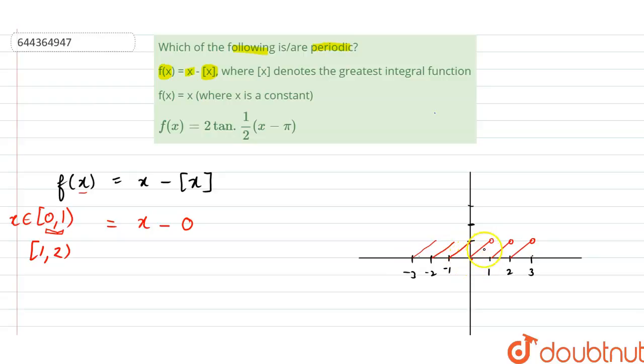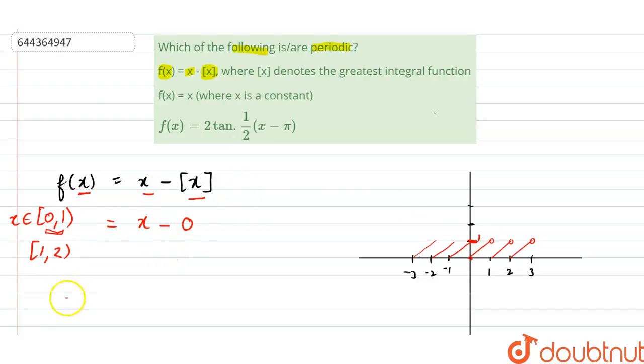So this graph is attaining its values again and again. That is, the values that the graph is taking are from 0 to 1 only, and we know that the maximum value of the graph of the function x minus greatest integer function x should be the value 1.